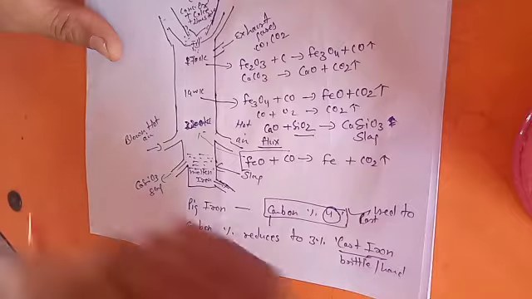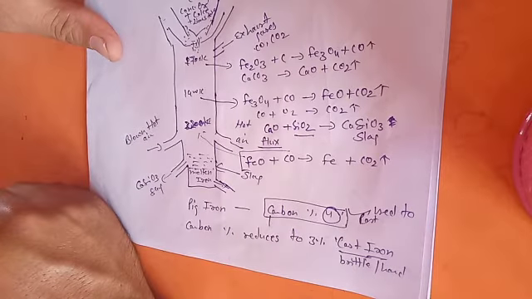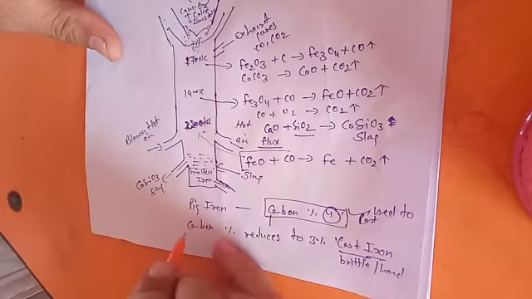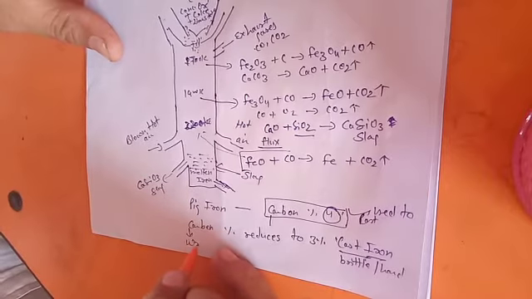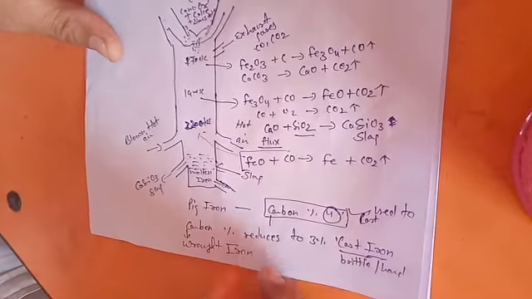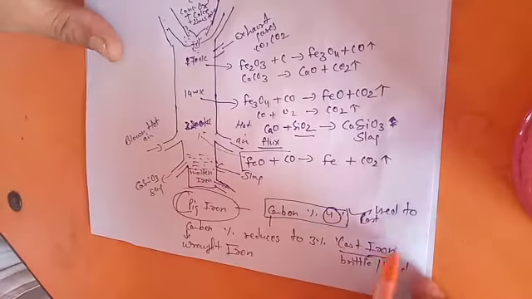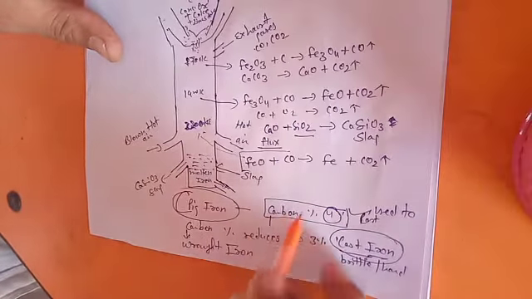Now we can further reduce even the carbon percentage. If we reduce the carbon percentage further, that is known as wrought iron. So different irons exist, that is pig iron, cast iron, depending on the carbon percentage.